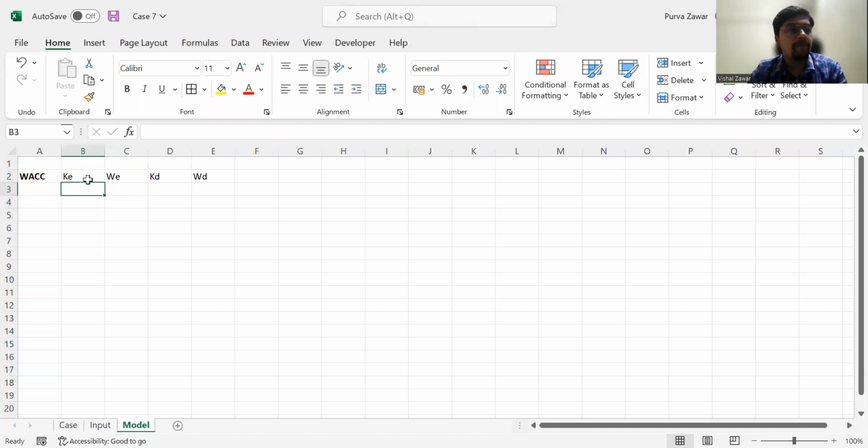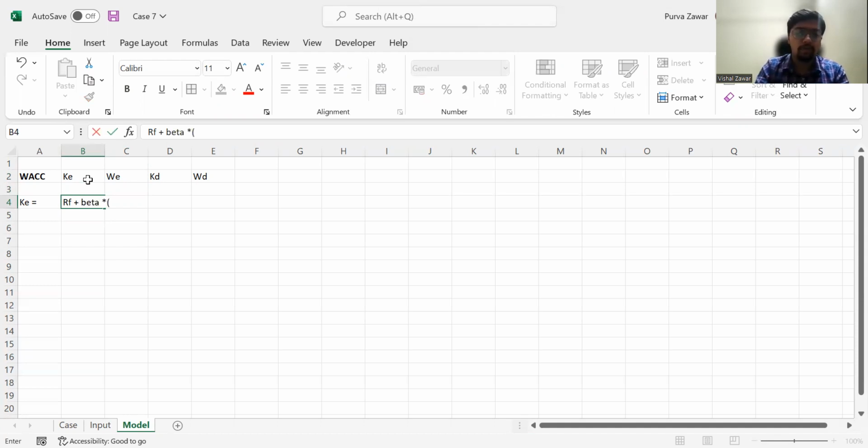Let us see how to do it. First, cost of equity. The formula I gave to you was RF plus beta into (RM minus RF).